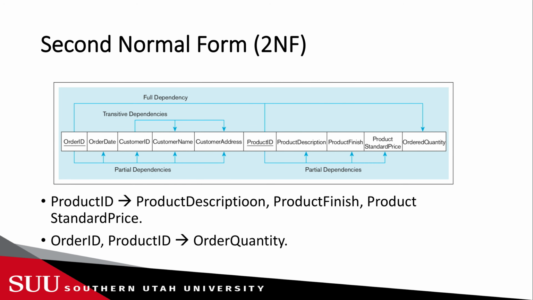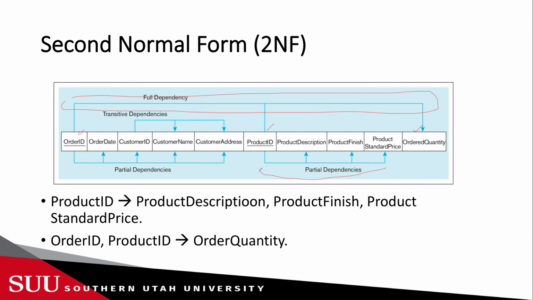We already have one full dependency, which is order ID, product ID, and quantity ordered. So this is going to become one table containing those three attributes.